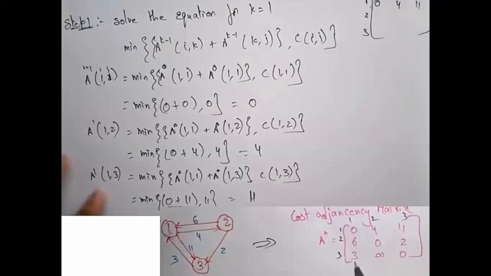Each and every time we calculate values for k equal to 1, we have to obtain them from the A0 matrix. When k equal to 2, we obtain the values from the A1 matrix. From A0 we derive the A1 matrix, from A1 we derive the A2 matrix, from A2 we derive the A3 matrix.